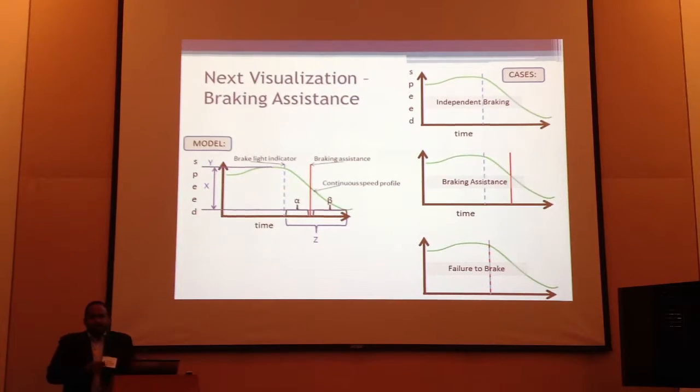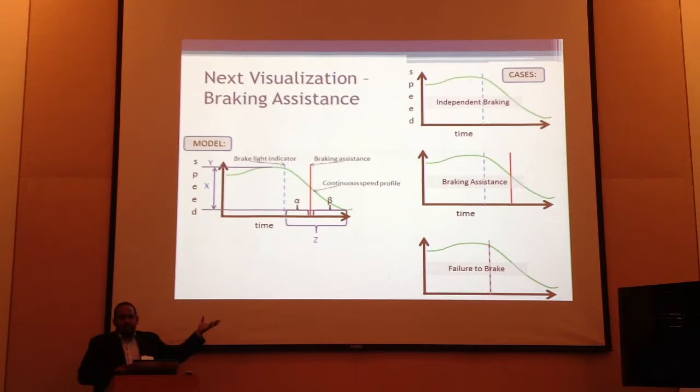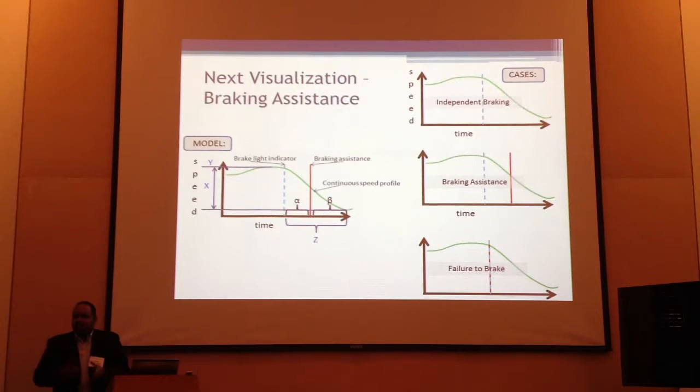And then you can just break it up into: are you braking independently, are you relying on assistance, or did you fail to brake? I think these correlate really well to braking assistance from advanced driver safety systems, and it would be something if correlated and proven within the driving programs with respect to driver licensing decisions.